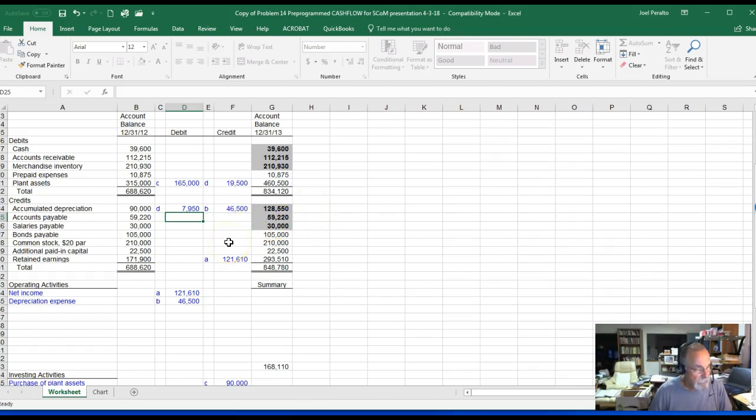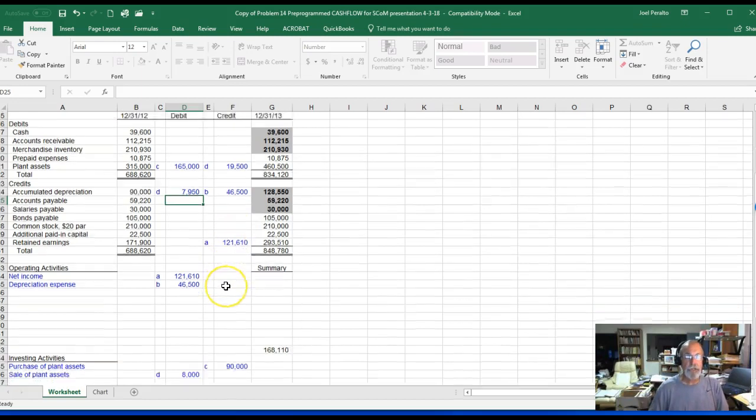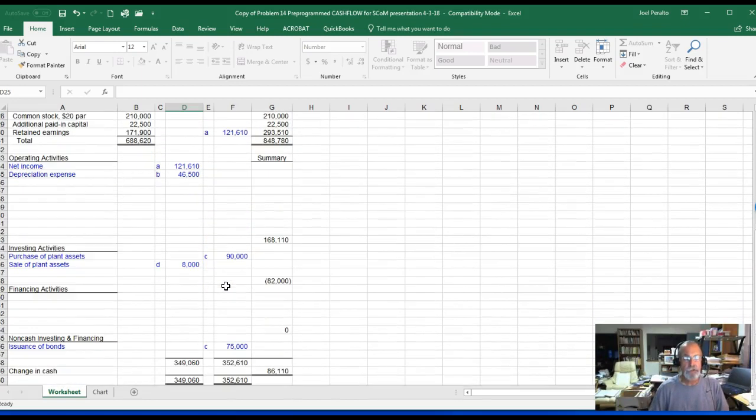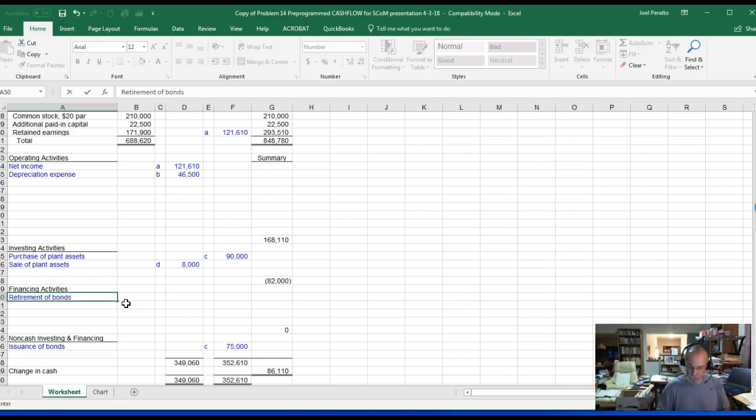So if we retire $60,000 of bonds, that's going to represent a cash outflow, and since bonds are a long-term liability, that cash outflow is going to be shown on our statement of cash flows under financing activities, and we can call that what it is, retirement of bonds.